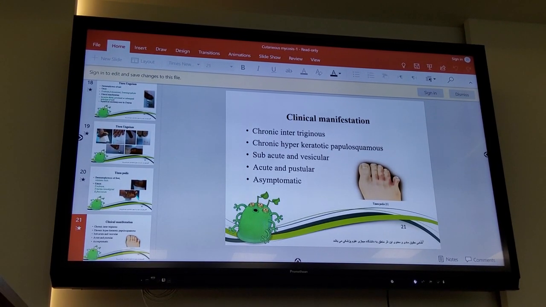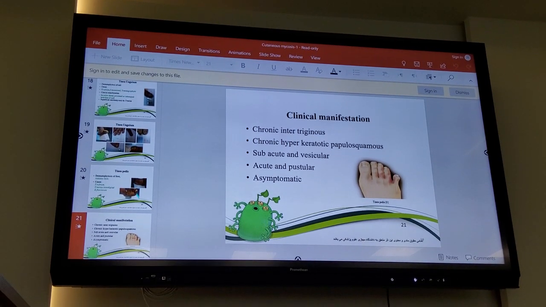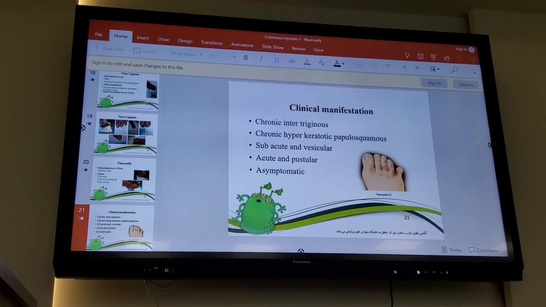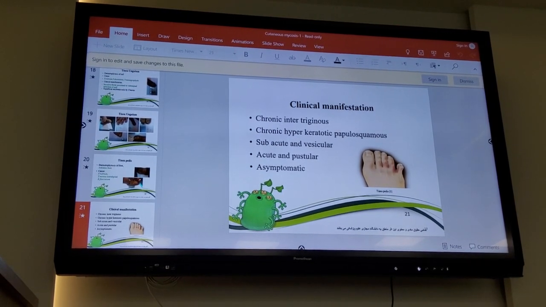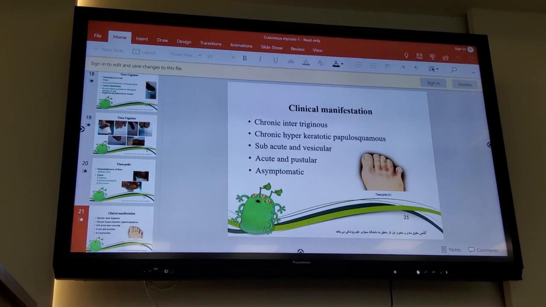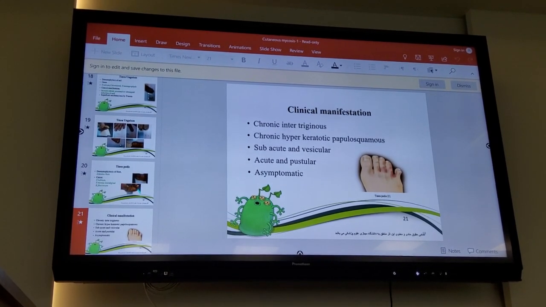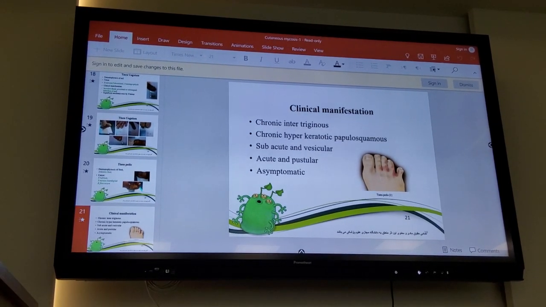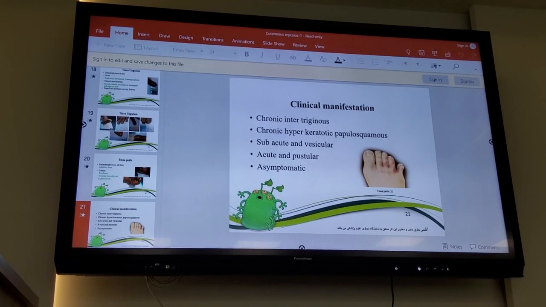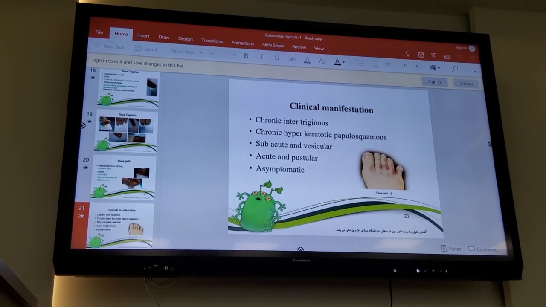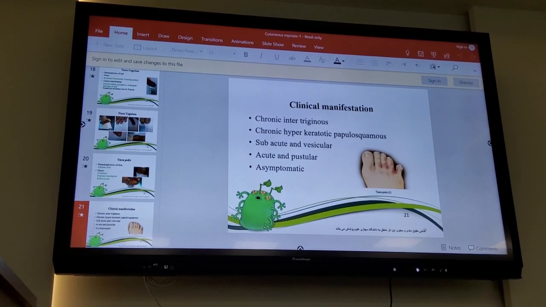Do you know what vesicle and pustule are? These are words in dermatology that you must understand and know. Can somebody explain what is a vesicle, what is a pustule, what is a bulla? This reaction you may find in dermatophytosis, especially in tinea pedis.